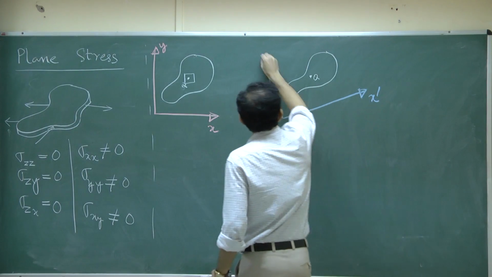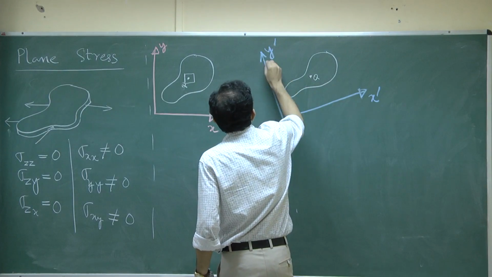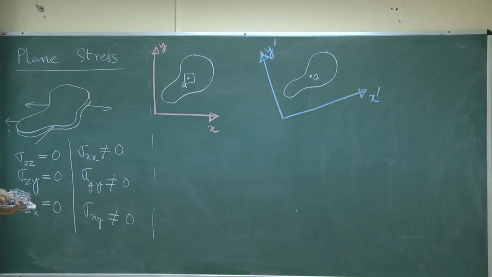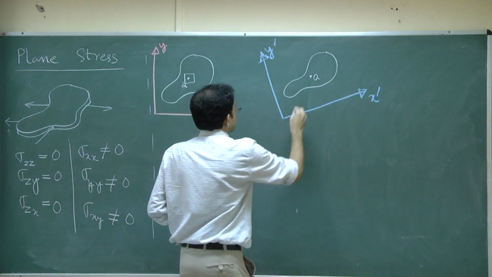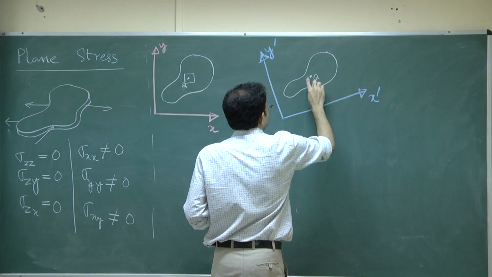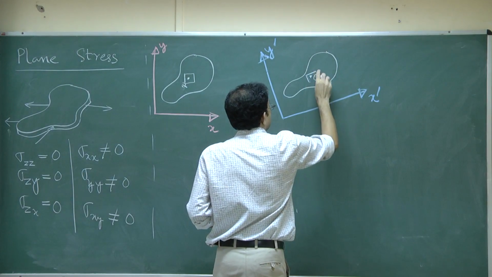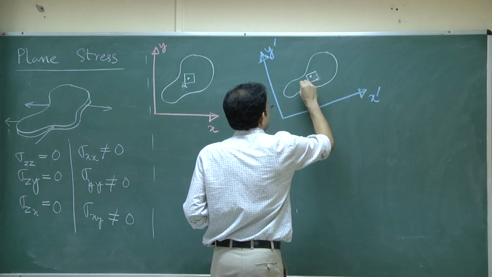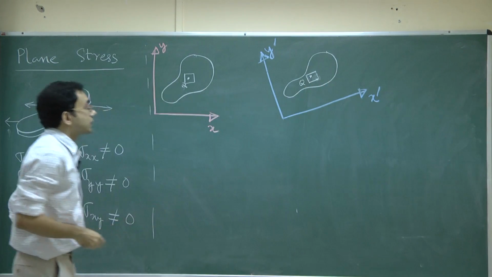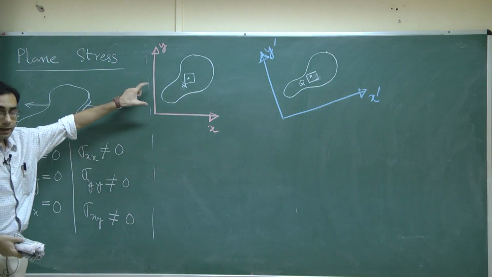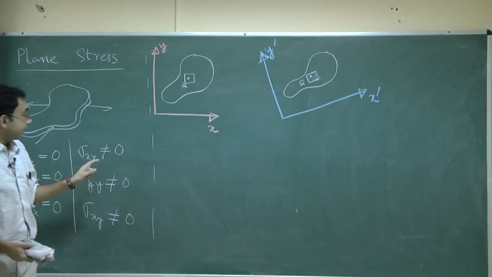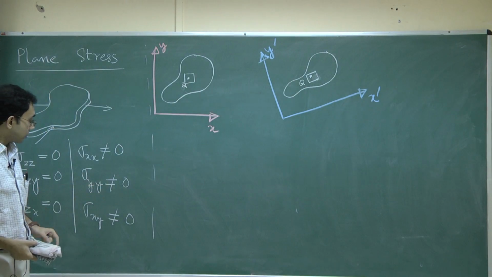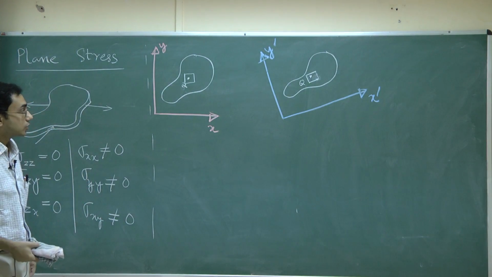Suppose this is x dash and this is y dash. Here you note that I would have to draw my little element like this. This is still the point Q. Now, in this diagram, you understand that I have my sigma xx not equal to 0, sigma yy not equal to 0 and sigma xy not equal to 0.